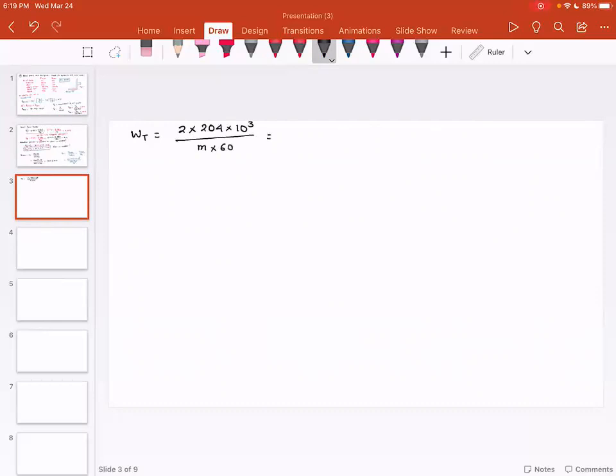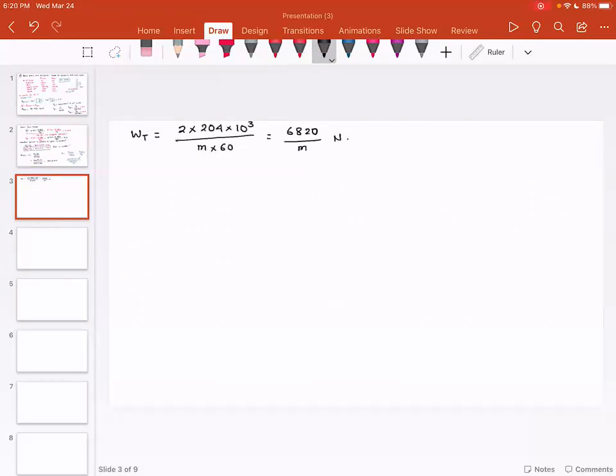And that gives me 6,820 divided by m, and the unit is going to be newtons. So I found out the tangential load.